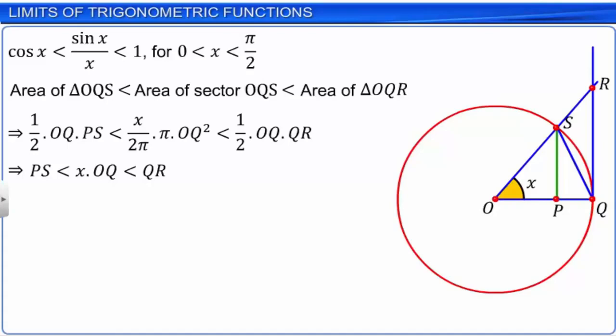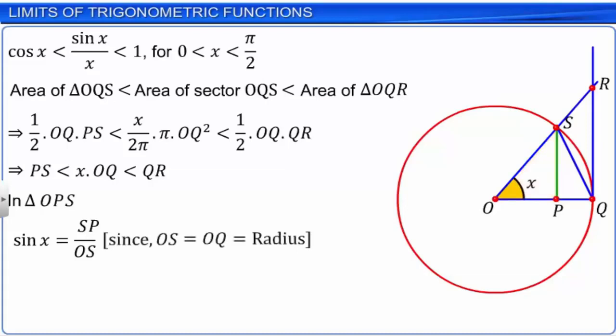Therefore, the expression takes this form. In triangle OPS, we have sin x is equal to SP divided by OS. Since the length of lines OQ and OS are equal to the length of the radius, we can replace OS with OQ in the denominator.